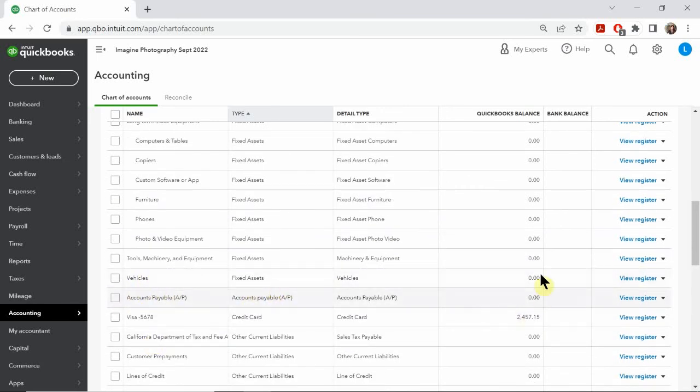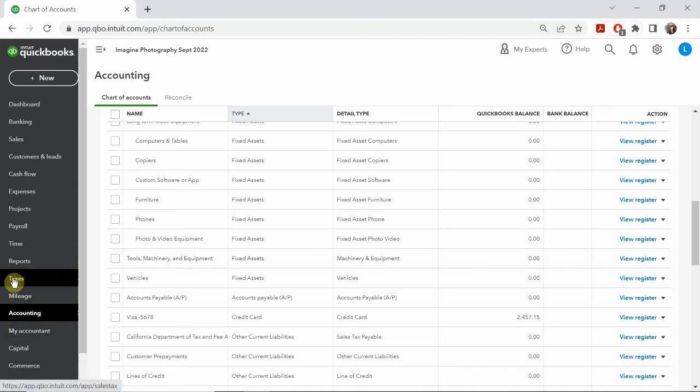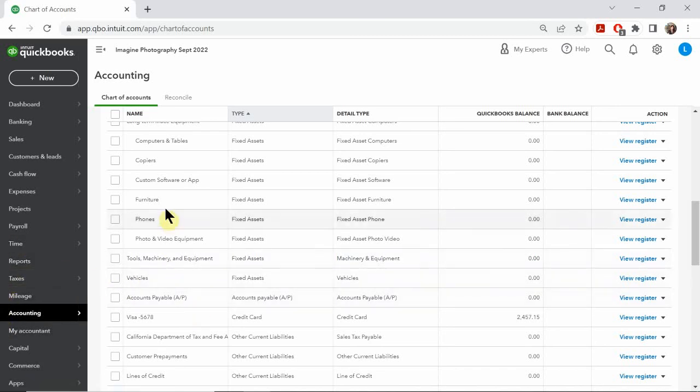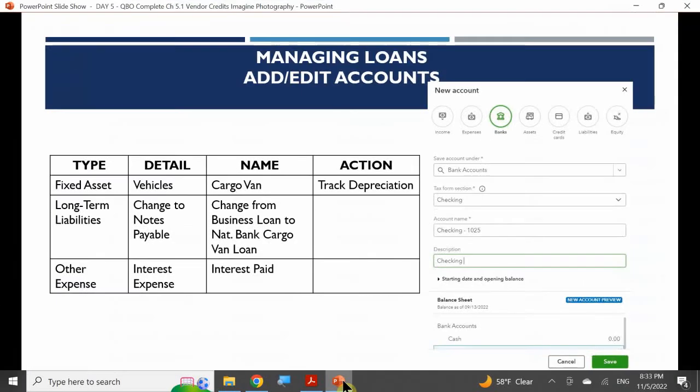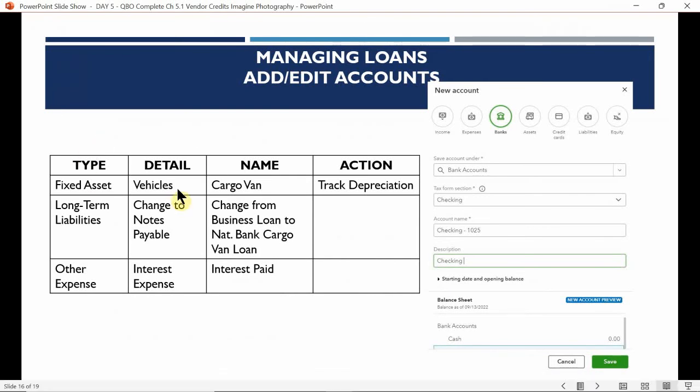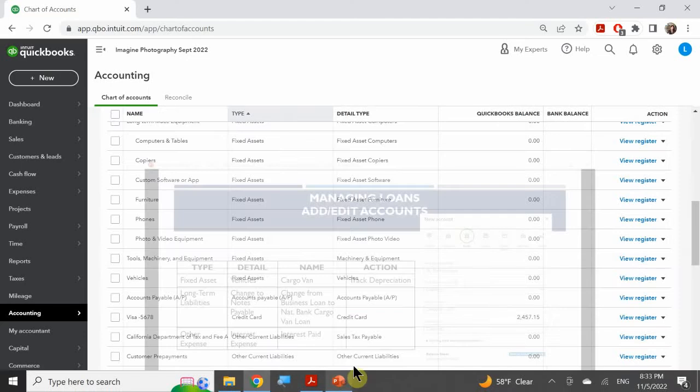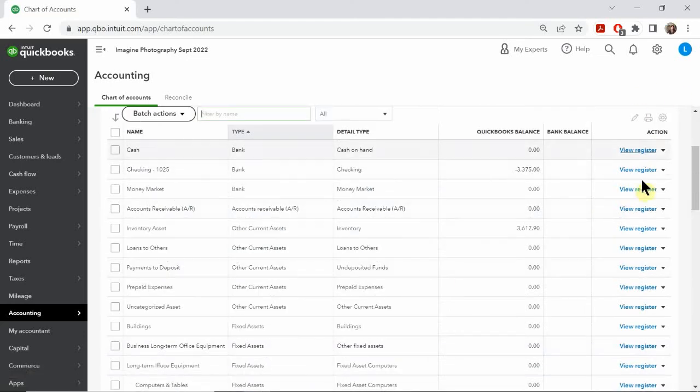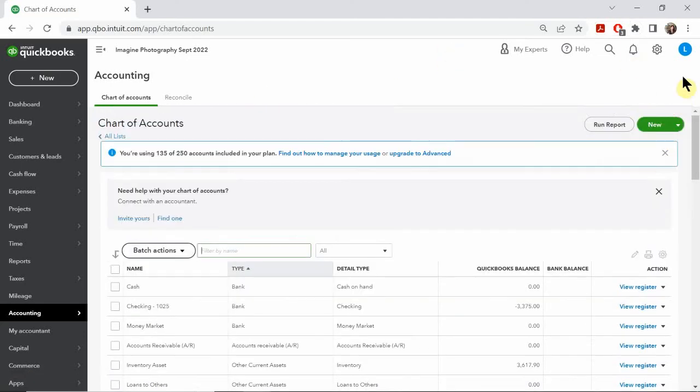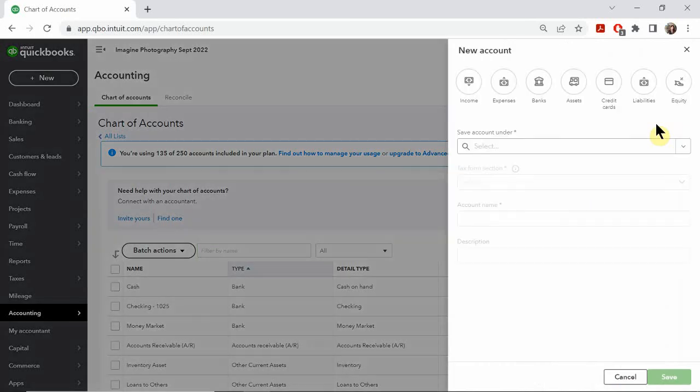No. So what I'm going to do is create an account under vehicles. The account type will be under fixed asset, under vehicles. So let's add a new account in here. Go to the top corner and click on new.